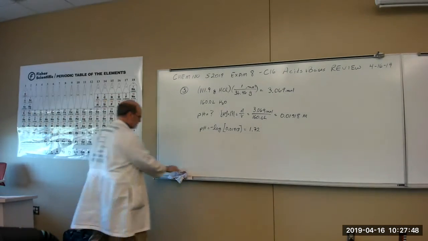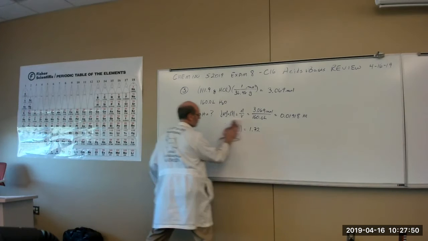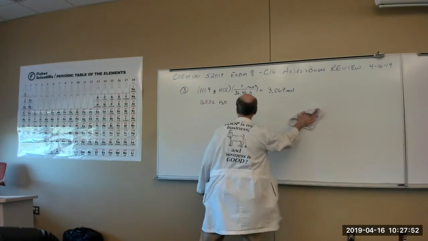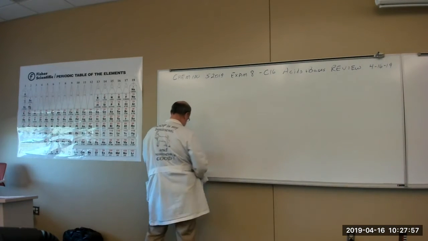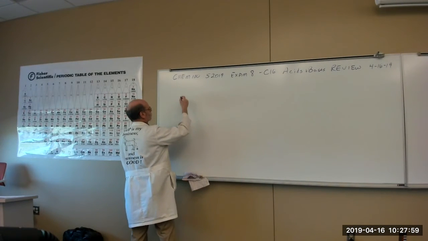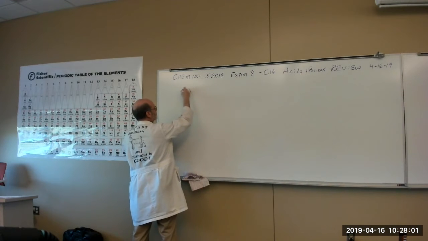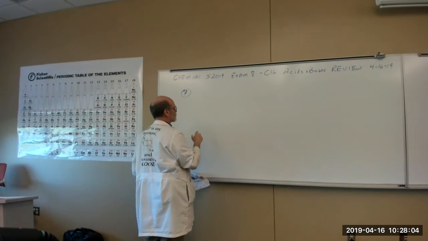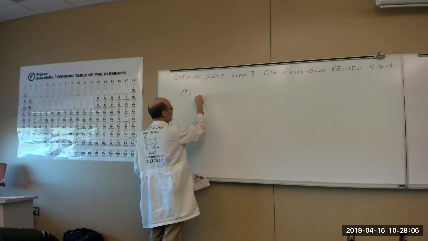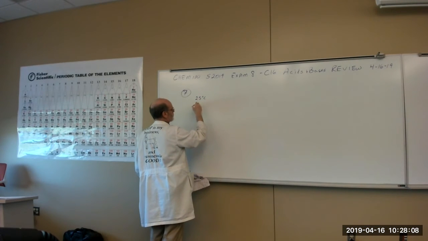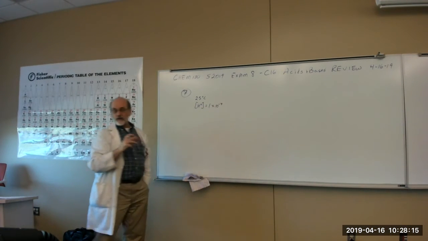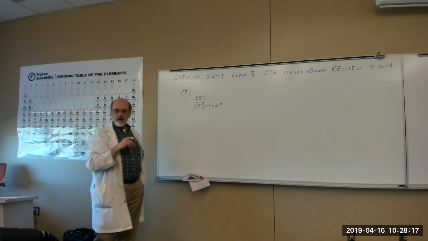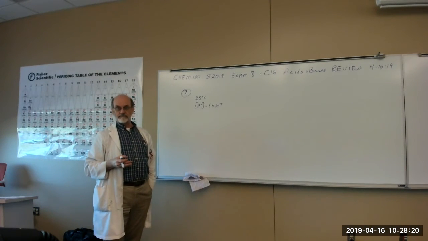Seven looks interesting. This is a concept question. We had the hydrogen ion concentration of a neutral solution at 25 degrees centigrade equals 1 times 10 to the minus 7. But if you increase the temperature, it's going to cause more water to dissociate.